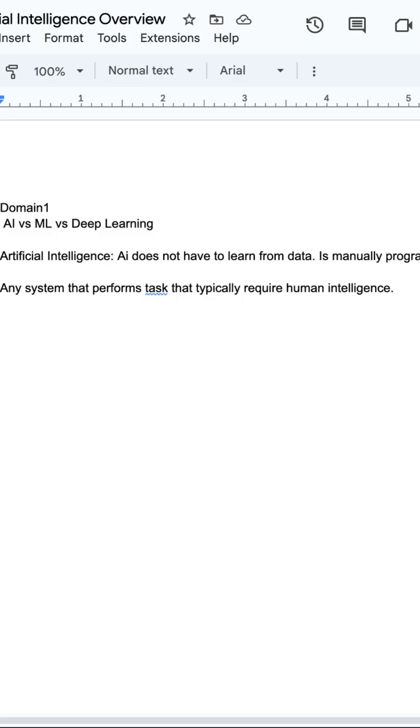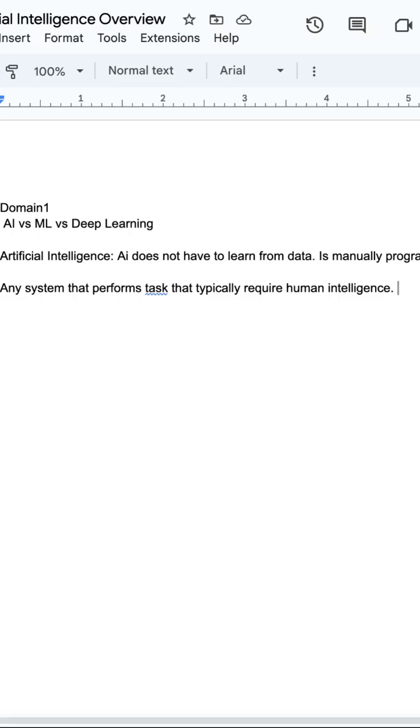When you use your left thumbstick on your PS5 or Xbox to move forward, that is artificial intelligence taking the motion of you pushing your thumb forward and making the character on the screen move forward. Also chatbots. When you go to a help session on a website and you type in a keyword, that is considered artificial intelligence. Remember that artificial intelligence is the large umbrella that machine learning and deep learning fall under.